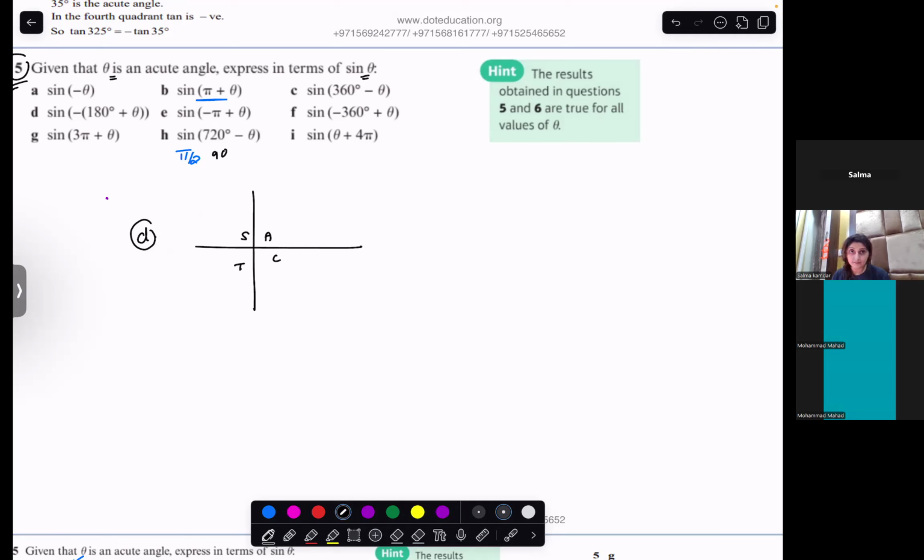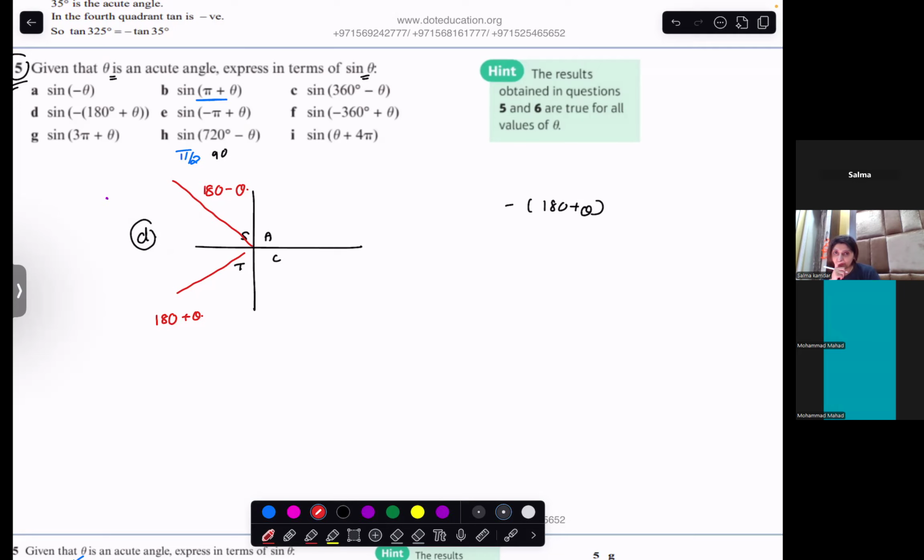If I look over here, this line is 180 plus theta, and this line is 180 minus theta.